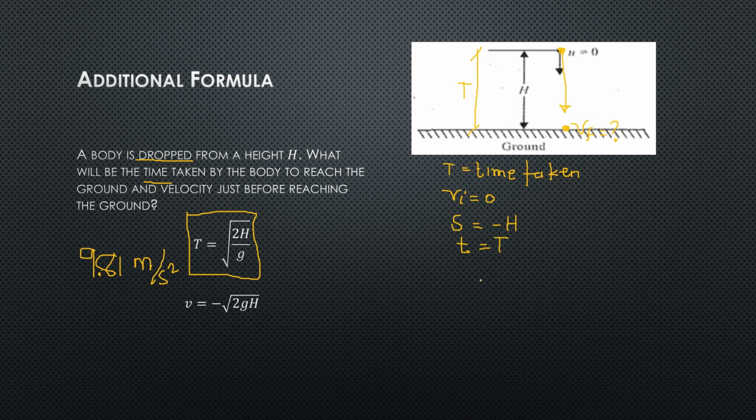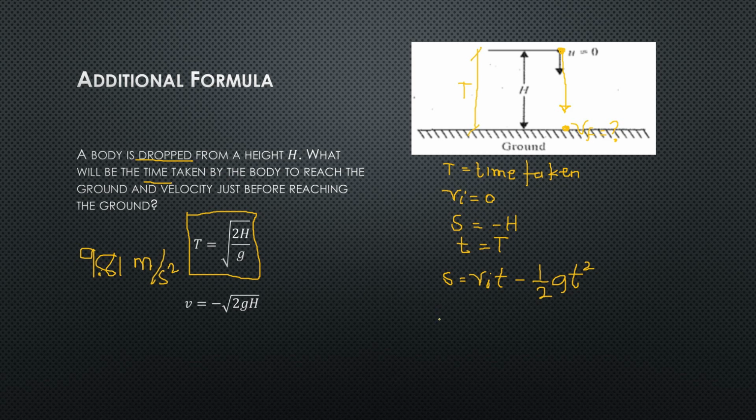Okay, now using the formula of displacement, so that is s will be equal to initial velocity times time, minus 1/2 gravitational acceleration t squared. So we substitute the values.